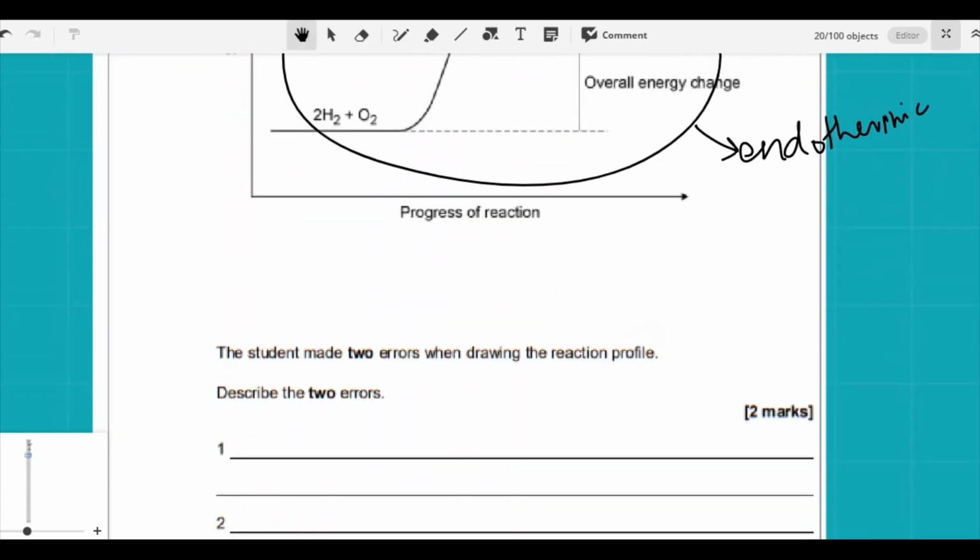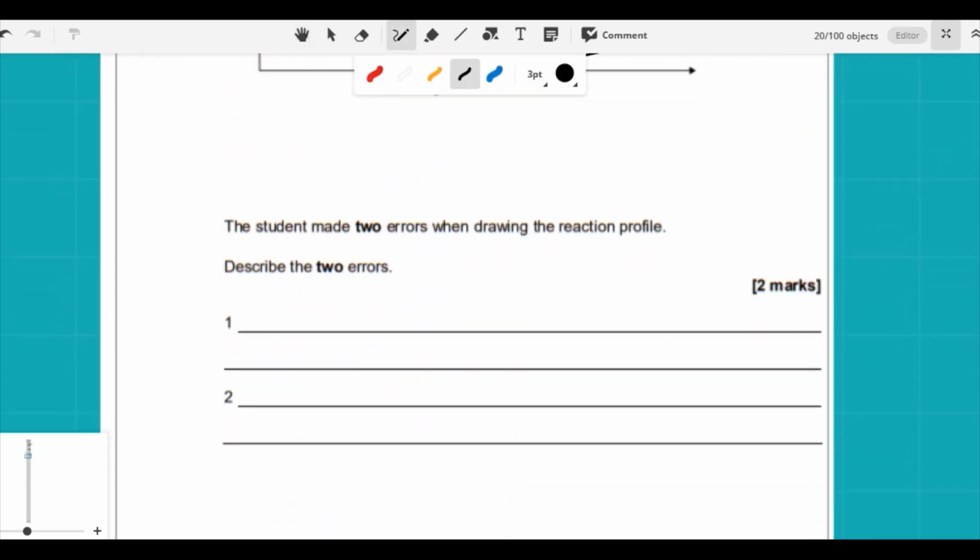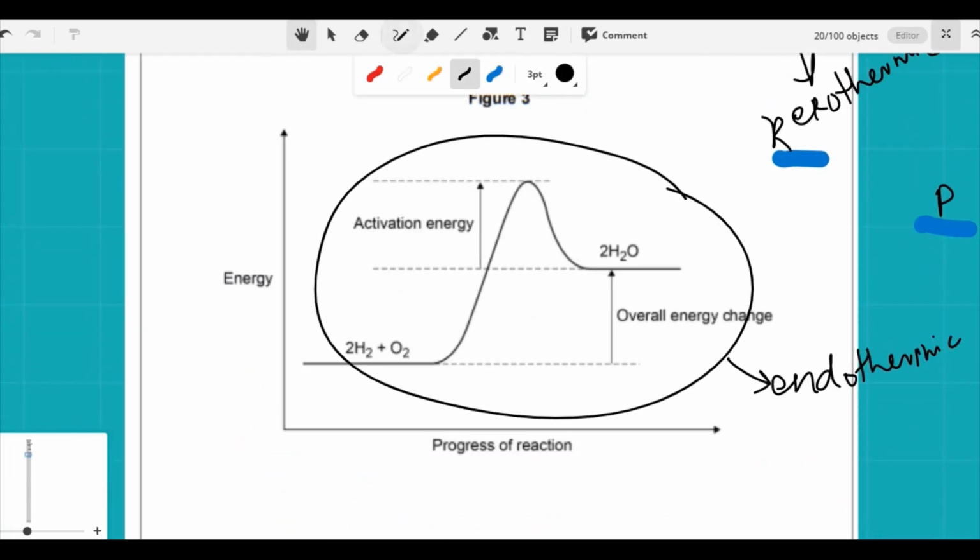So you can write here the first error, that the student drew an endothermic profile. And the second one is that the activation energy in the profile is wrong, because the activation energy should be from the reactants line to the peak.